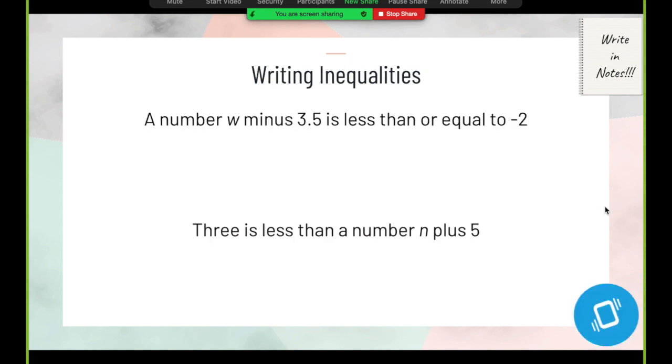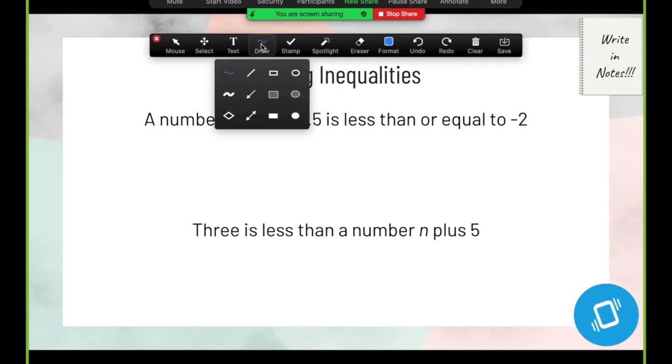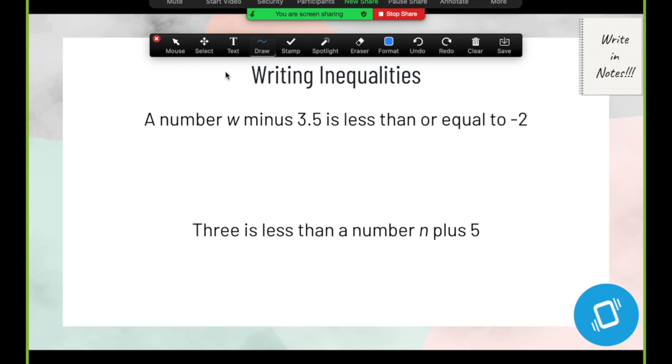All right. So right here we have writing inequalities. For example, we have a number w minus 3.5 is less than or equal to negative 2. Now if we look at our chart, it will tell us that less than or equal to gives us the less than or equal to sign. And then we can also annotate the other information that's provided here.